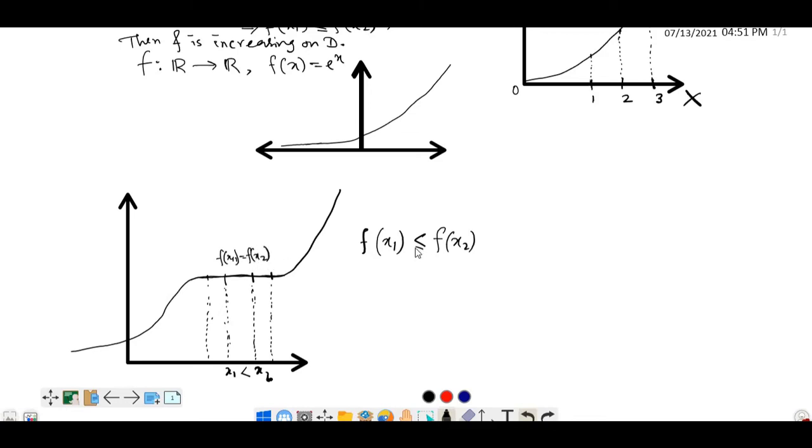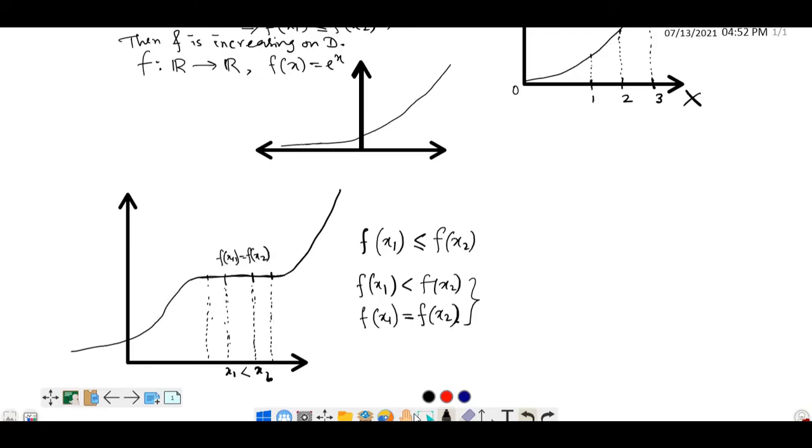So the second criterion, that is the equality criterion, is satisfied. That means for an increasing function, either f(x1) will be strictly less than f(x2), or f(x1) can also be equal to f(x2). If any one of the conditions is satisfied, then this function is called an increasing function.